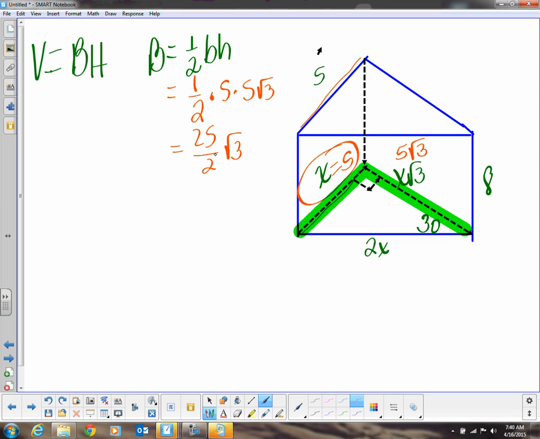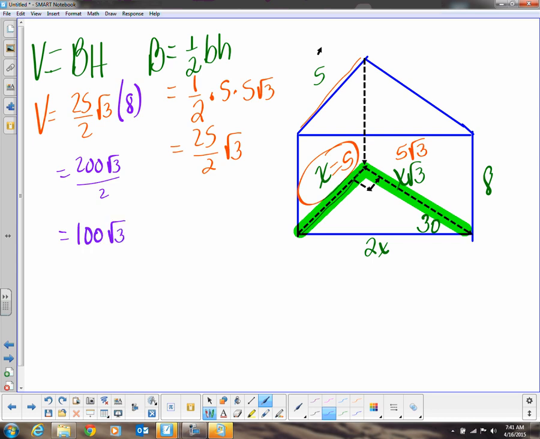Any questions there? So now we're going to take our 25 over 2 square root of 3. Now what's the 3D height? 8. So this is going to be 200 square root of 3 over 2, or what? 100 square root of 3. Number 2.